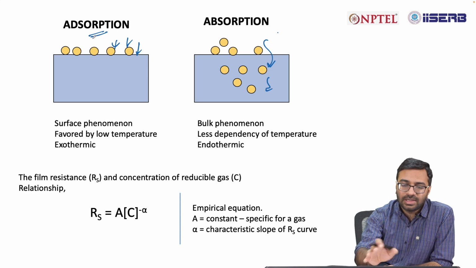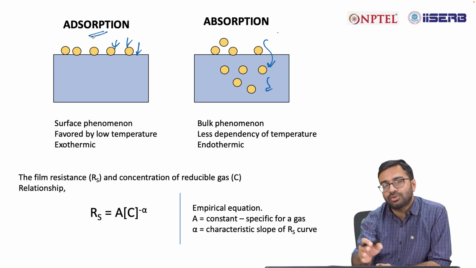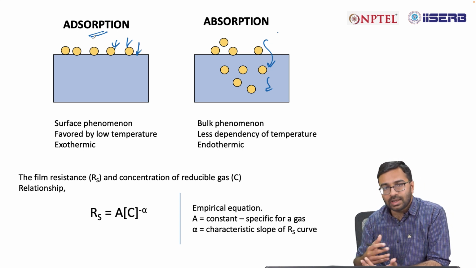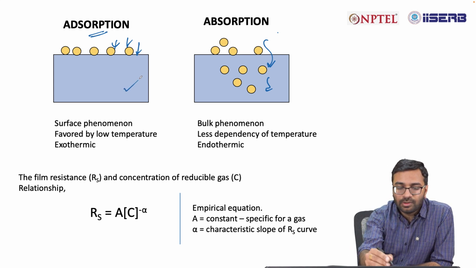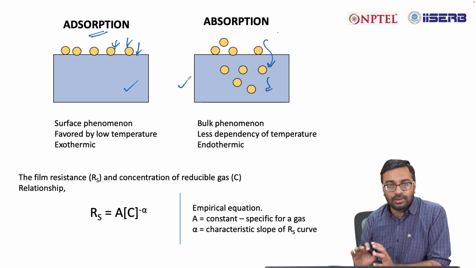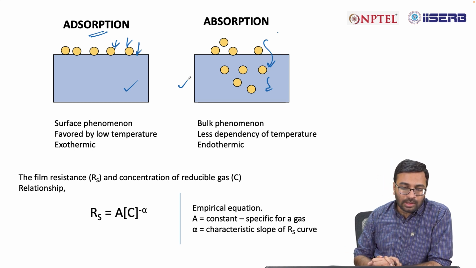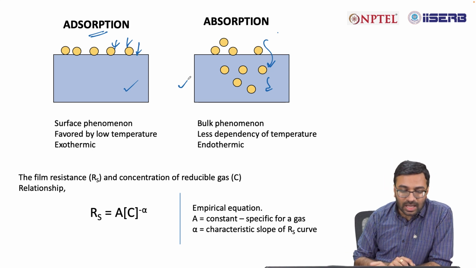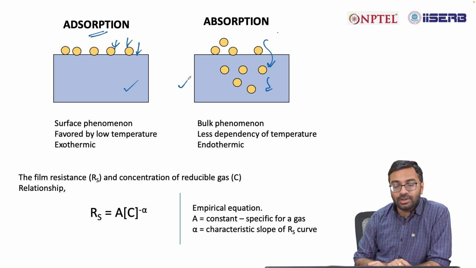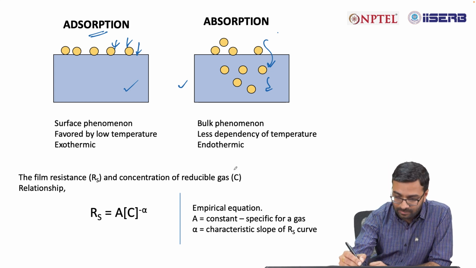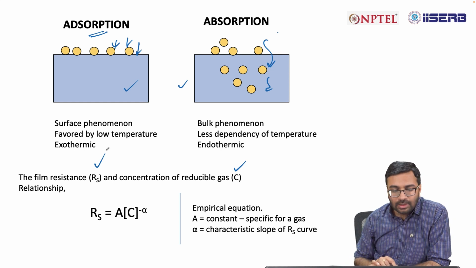Okay. So, this is the basic difference between adsorption and absorption. So, one has to be very careful when describing the concept, because both these phenomena are very different in principle.